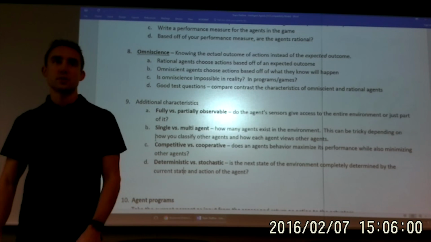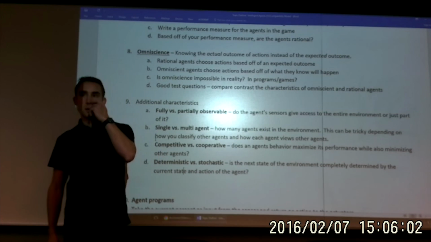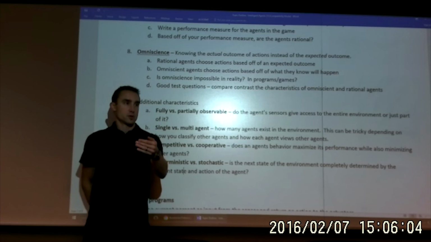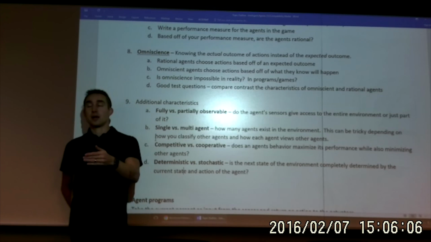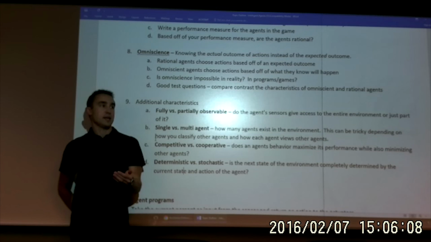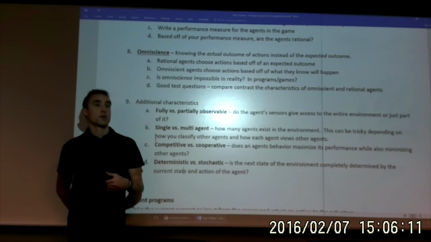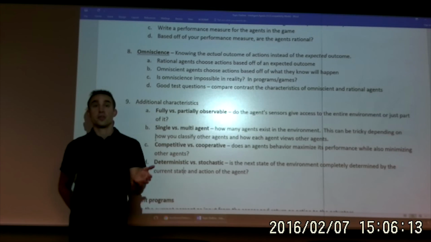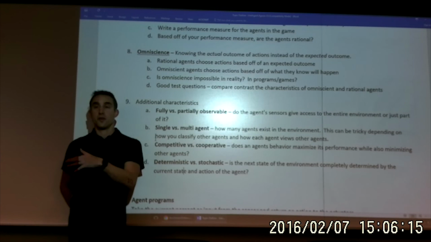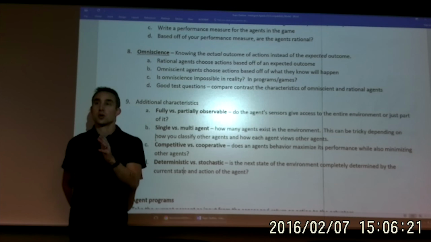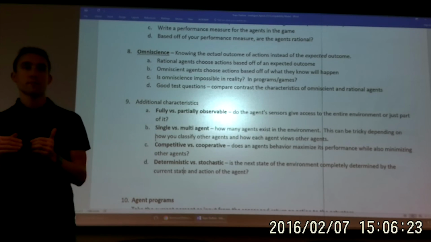In that description, the customers, people that pay to ride in the taxi, they weren't agents. They were a part of the environment. The other cars were part of the environment, not agents. But the taxi drivers in those cars could be agents.